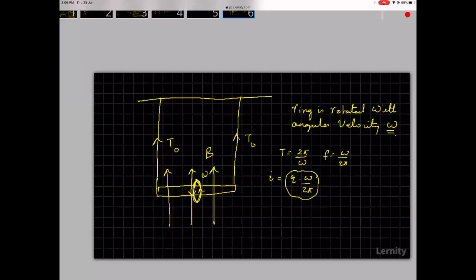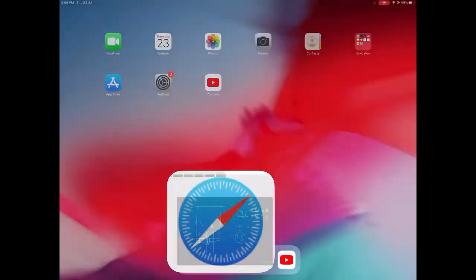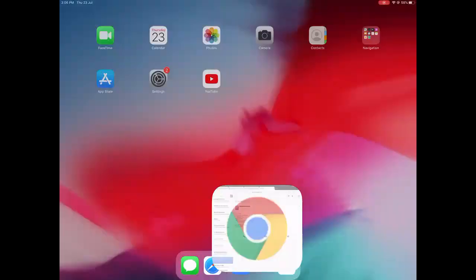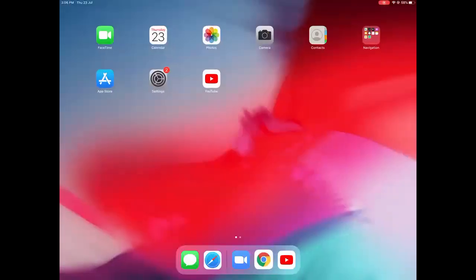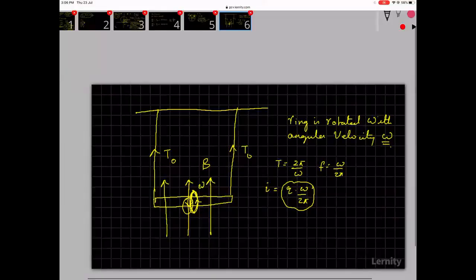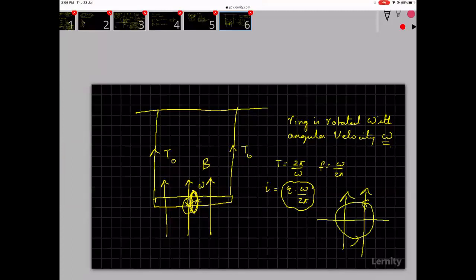I'm not getting it, so the direction of the current is parallel to the magnetic field. So if you have a ring like this carrying a current, if there's a magnetic field this way, on the upper part, the force will be downwards. On the lower part, the force will be upwards. So again, net force is equal to 0.